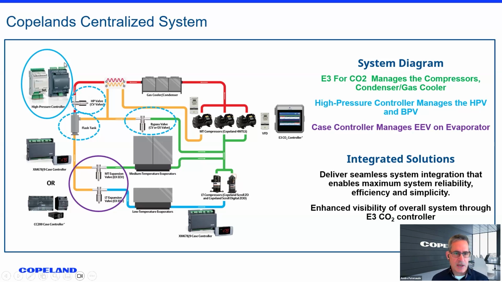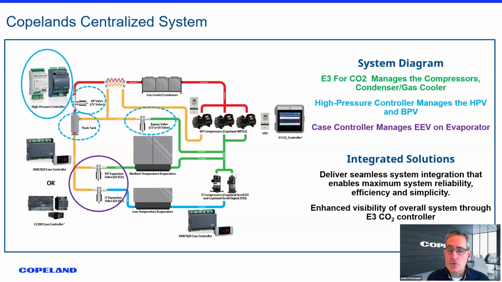But the iPro is connected to the high pressure valve. The bypass gas valve is managing the flash tank, and it has interaction with the gas cooler. That's what I'm going to start talking about first before I drill down, because of the importance of understanding where a gas cooler fits and how it plays nice with the high pressure valve.